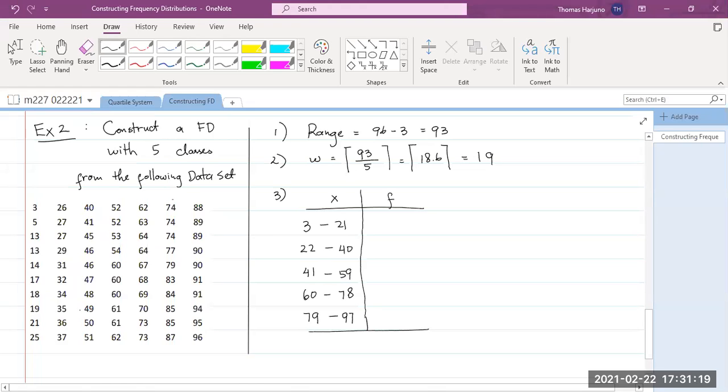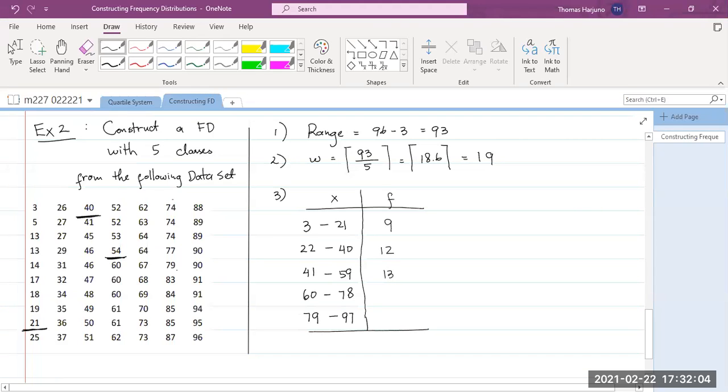Now I will do the tally. The first class from 3 to 21, here there are 9 of them. The next class from 22 to 40, up to here, so there are 12 of them. The third class from 41 to 59, up to here, so there are 13.